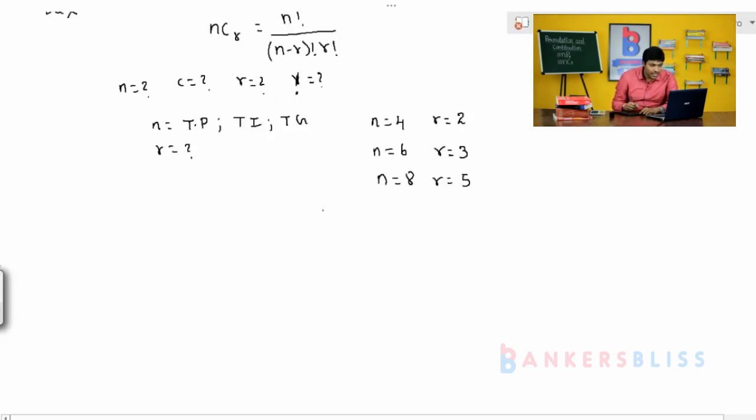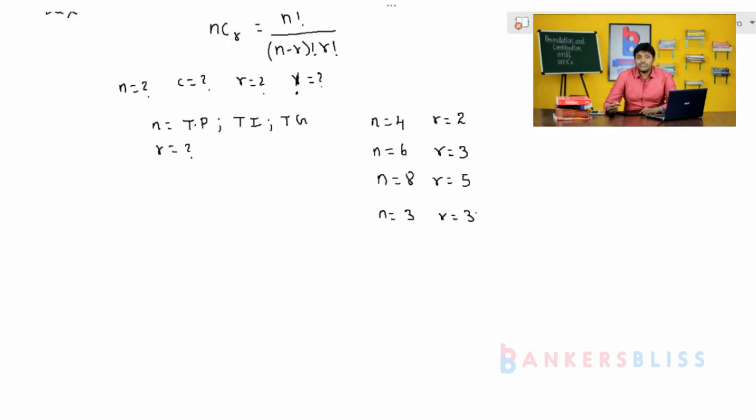If the total population is equal to 3, then I can select 3. Among the 3 members, I can select all 3. This can happen in reality. There are 5 members, I can select all 5. There are 7 members, I can select all 7. This is the reality.